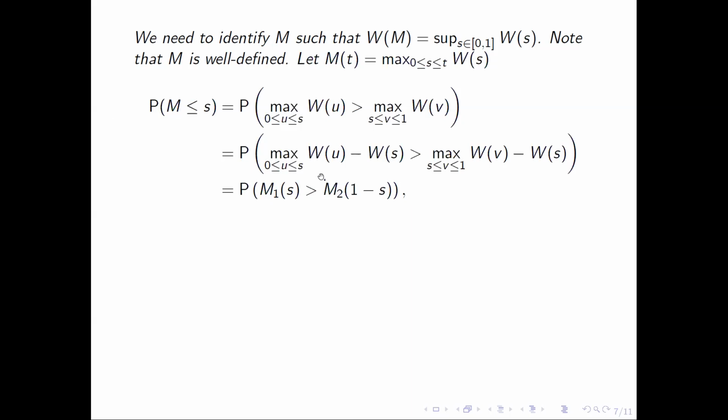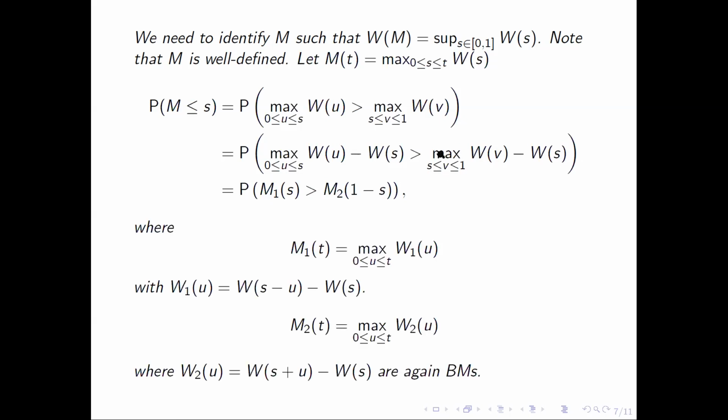In the next step, you subtract W_S from both sides. And now you change a variable. For example, on this side, when M_V minus W_S, you denote V by, say, U plus S. Then you do a change of variable, and M1 and M2 are the maximum of W1(U), where W1 is just a shifted process, W_{S-U} minus W_S.